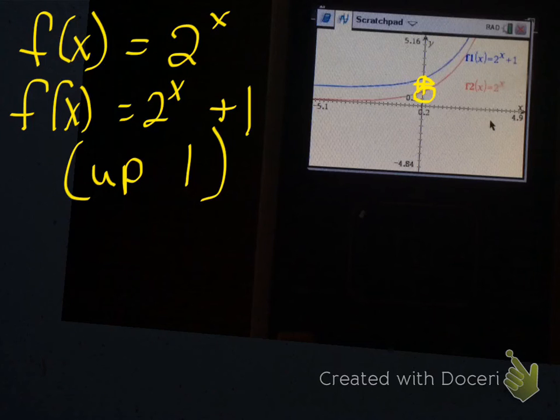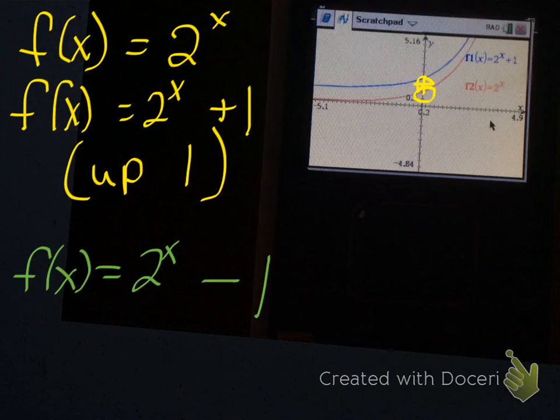That's the reason we usually don't start with these. We start with other things on transformations, because this is a continuous line that doesn't have a sharp turn or a turn at all, and it's hard to identify the points. So what do you think if we did f of x equals 2 to the x minus 1, not in the exponent? It goes down 1. If you want to graph it to see that, you can.